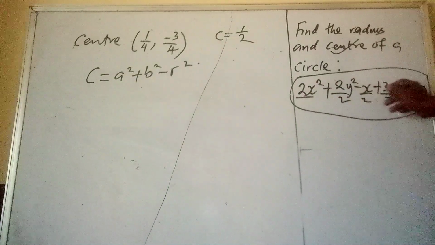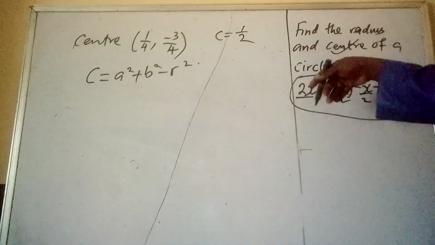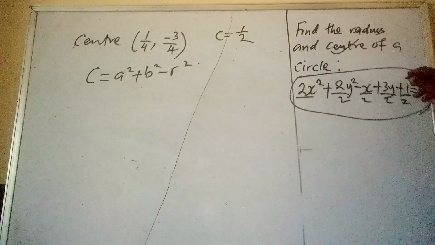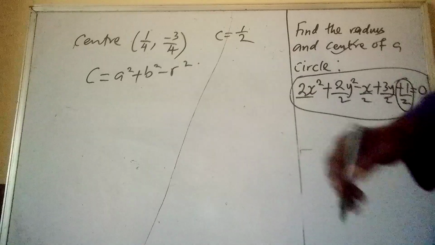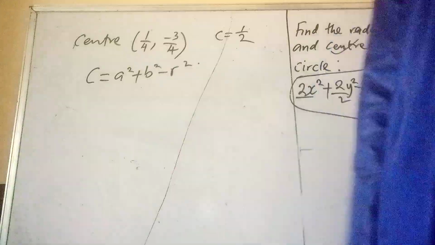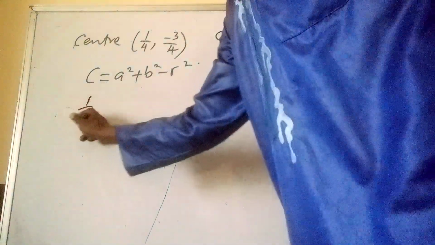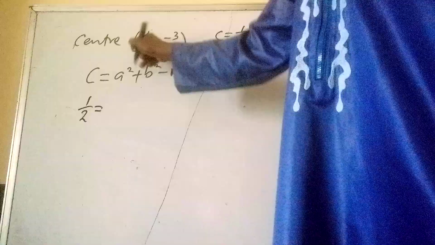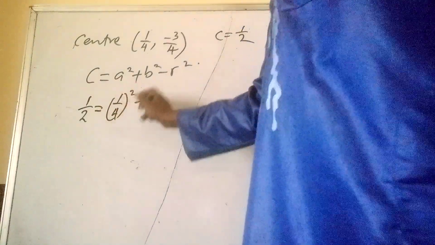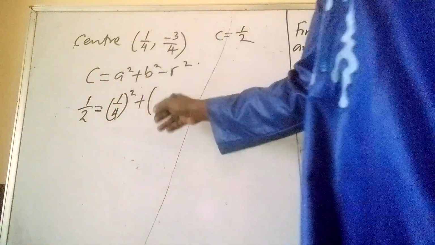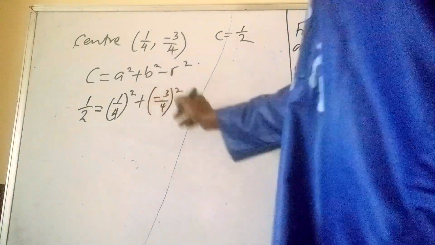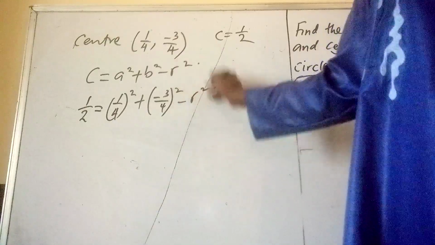You remember we divided the original equation through by 2. That means c is the constant here, which is 1 over 2. So that 1 over 2 will replace this c. That means 1 over 2 equals a, which is 1 over 4, squared, plus b, which is negative 3 over 4, squared, then minus r squared.